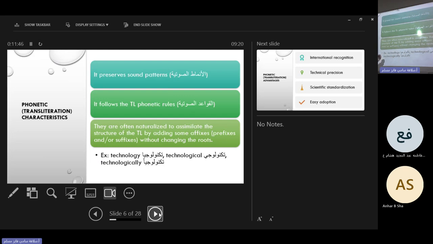Example: technology, technologia. Where is the suffix? -ical. Technological. See, we said it follows the target language phonetic rules.